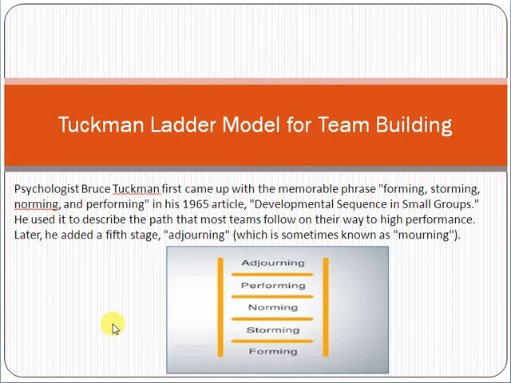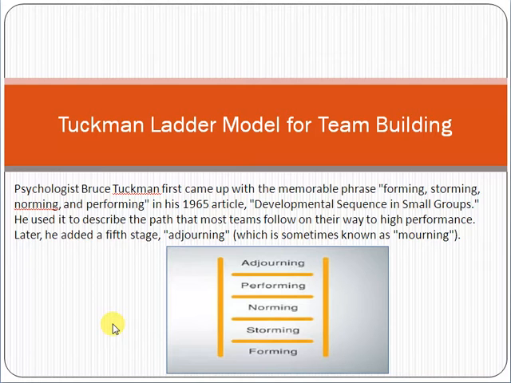Now friend, coming towards our main topic, Tuckman's ladder model for team building. Friend, the Tuckman ladder model basically talks about team building. It talks about how a team starts performing; basically it talks about the stages, the stages that come in team building.